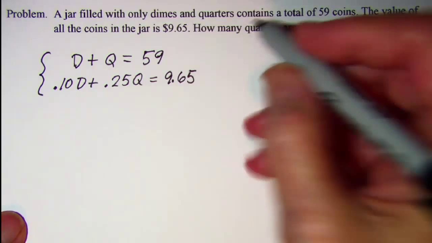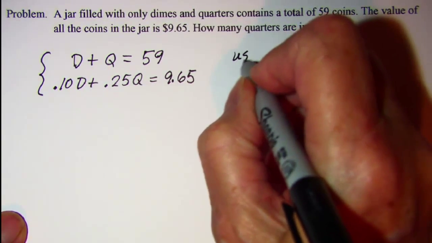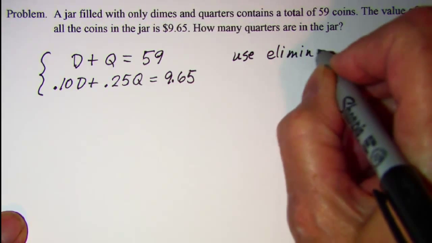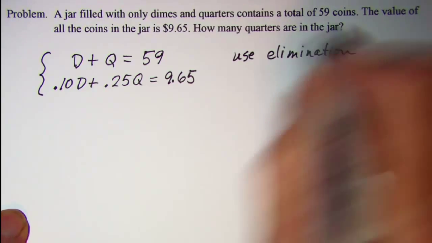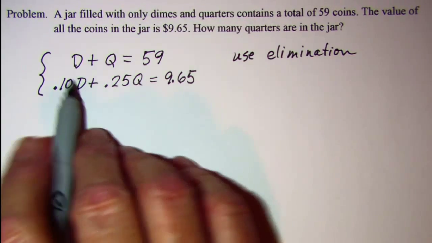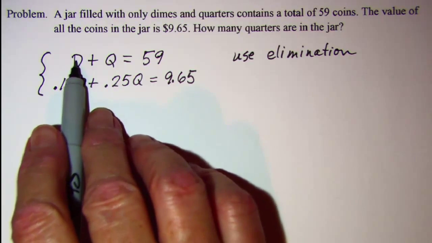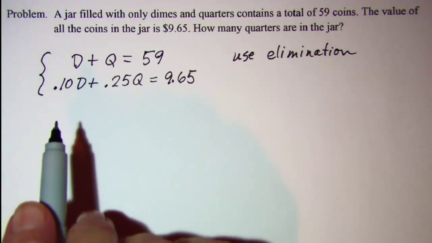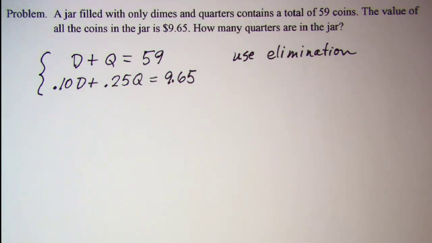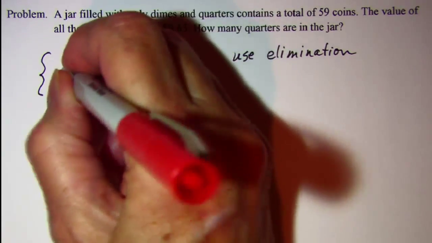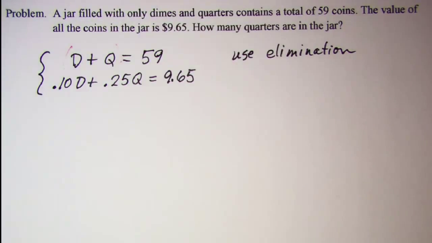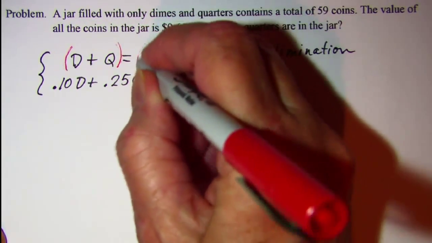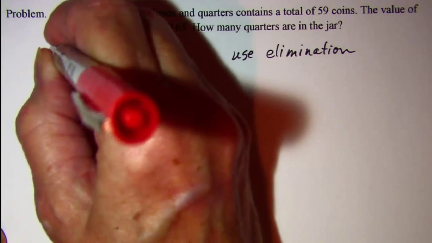This time I'm going to use elimination. And I'm going to change the d's so that they have the same coefficient, but one's positive and one's negative. So I'll take the top equation and multiply both sides by negative 0.10.